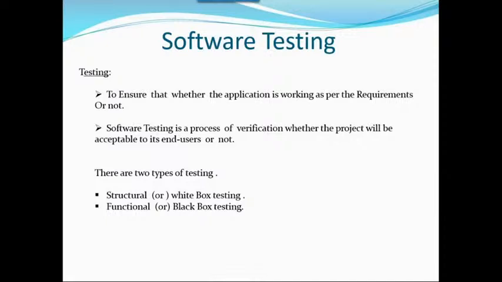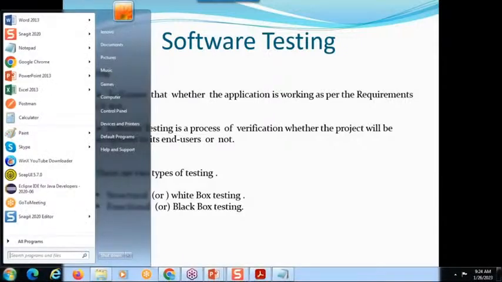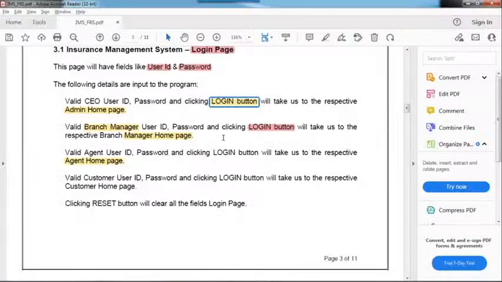Just check, that is the testing definition, whether the application is working as per the given requirements or not. They will simply provide the requirements, no need to worry about that. What is your job? You need to check whether this application is working as per the given requirements or not. You log in with the admin user ID and password and click the login button.